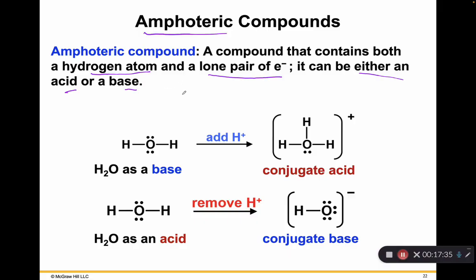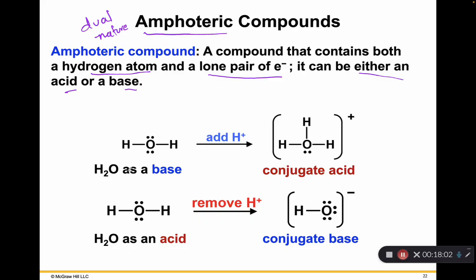Okay, if a base comes to interact, water becomes an acid. If an acid comes to interact, water becomes a base. Okay, so that dual nature, right? Amphoteric compounds have the dual nature because they have the hydrogen atom as well as the lone pair of electrons.